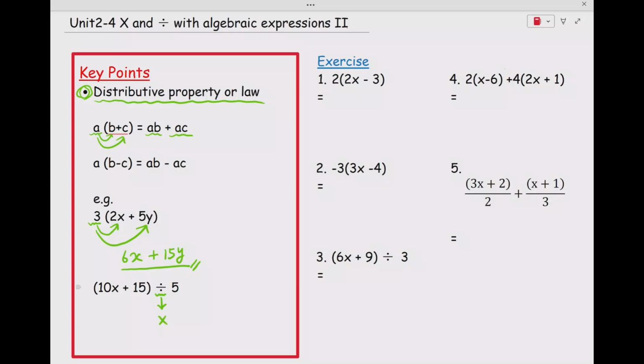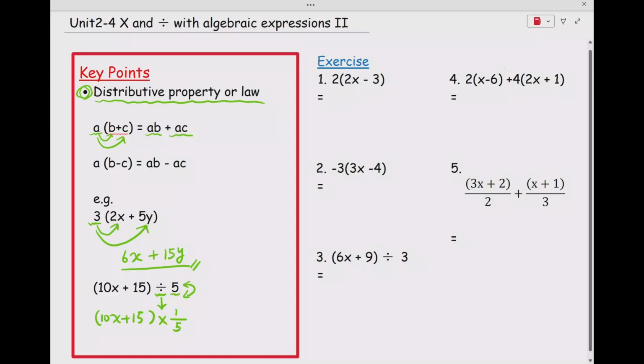In order to change the division sign to the multiplication sign, we need to flip the number behind the division sign upside down. So the original expression becomes (10x + 15) times 1/5.